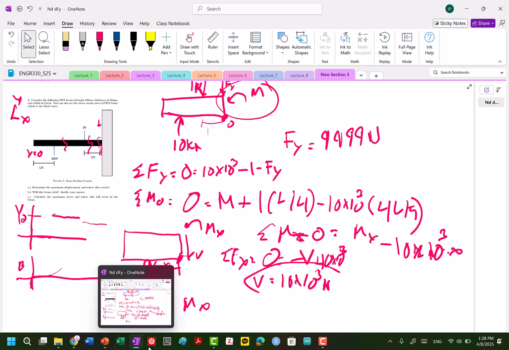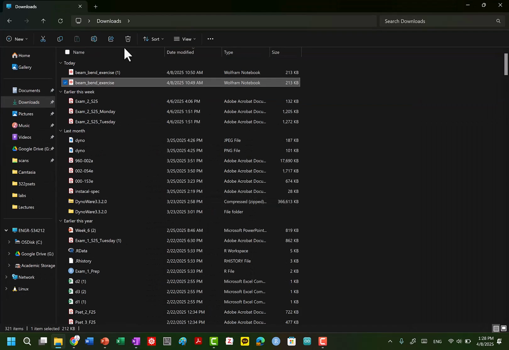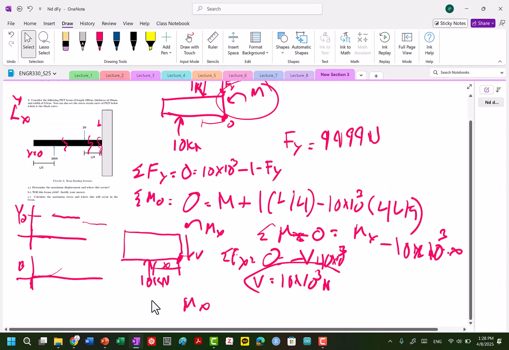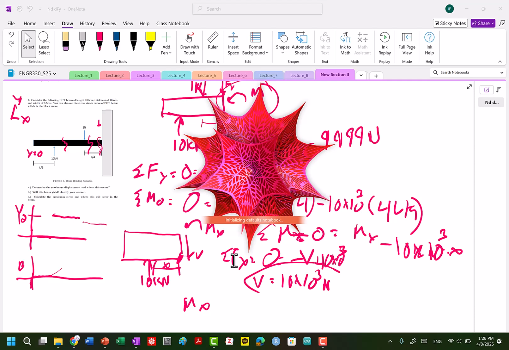So let's go ahead. Come on. Let's see if Mathematica is still trying to open, or if it's just giving us issues and we may have to restart. Let's see. So it wants to start.